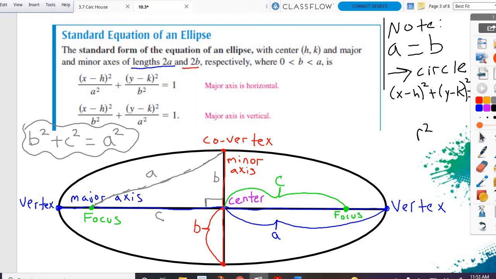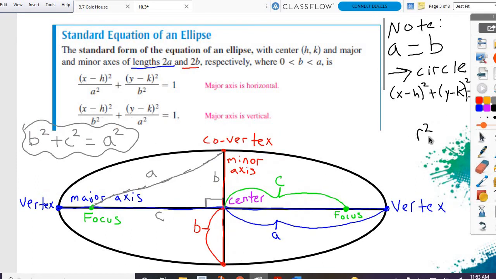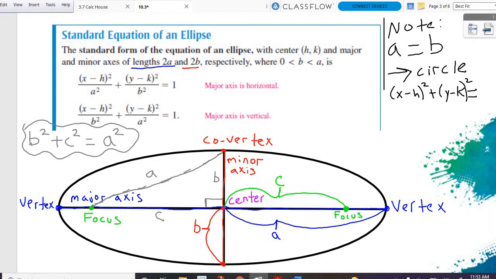And so it gets rid of your fractions and moves the 4 to the other side. But like I said, for the most part, we're not going to be dealing with a bunch of circles because they have a very similar pattern to our ellipses, and we should have seen circles in geometry.